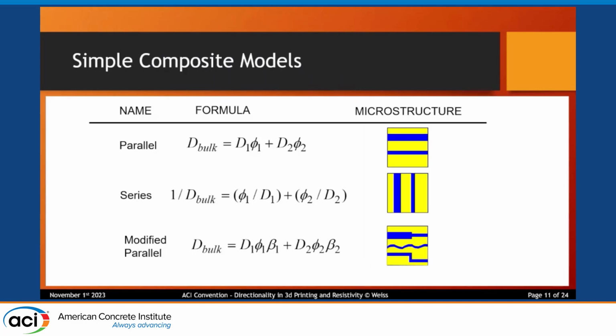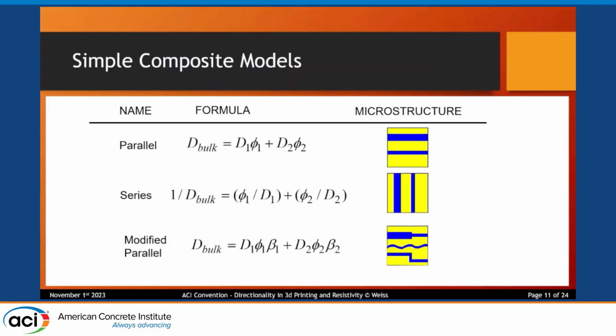Now, if we look at this and we start to either look at a diffusion concept or a resistivity concept, we can look at either a series model, a parallel model, or a modified model, where the diffusion coefficient is going to be equal to the diffusion coefficient times the porosity. And if we look at this, we don't really have this case most of the time. So what we end up with is either a diffusion coefficient or a conductivity or a resistivity that is based on the conduction or the resistivity of each phase times the volume fraction or the porosity of that phase.